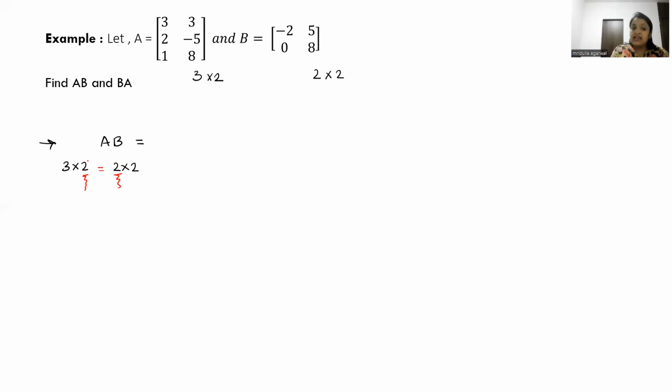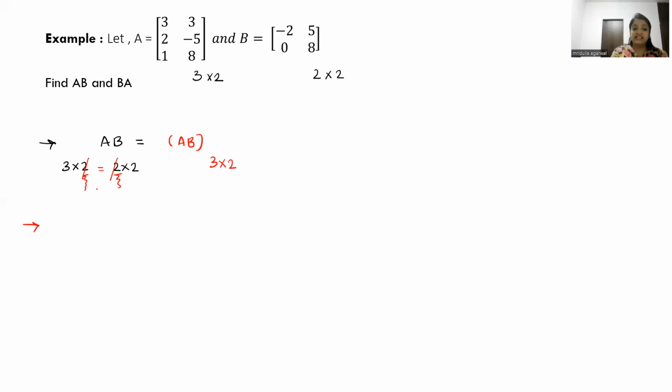Are they equal? Yes, they are equal. So the dimension of A into B will be 3 cross 2, the remaining numbers.